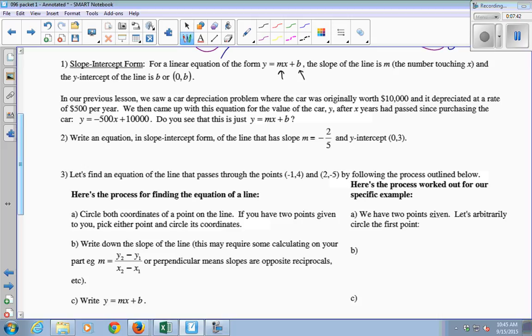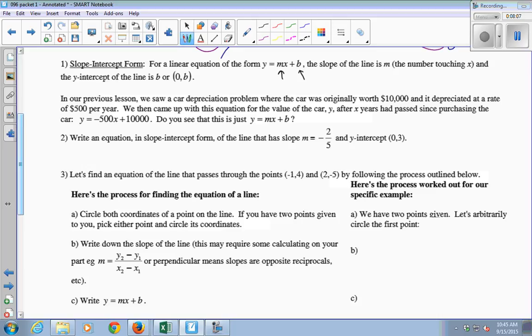In the lesson you were just working on, I'm pretty sure everybody got to the car problem. We saw a car depreciation where the car was worth originally $10,000. It depreciated at a rate of $500 per year. We came up with this equation for the value of the car, y, after x years since purchasing it: y = -500x + 10,000.